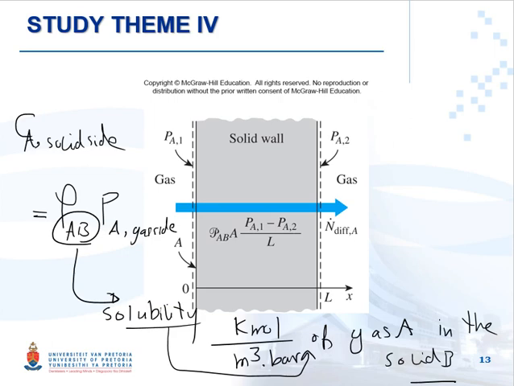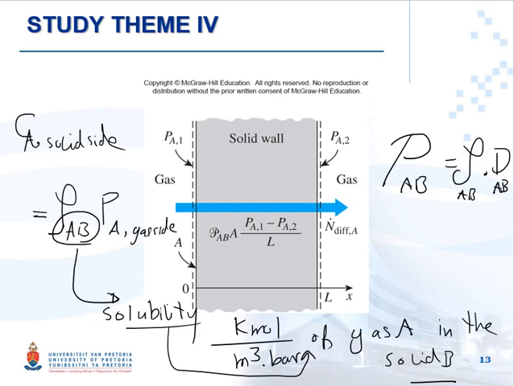I also mentioned that the product of solubility and diffusion coefficient is called permeability. So if we show it like this, we multiply by D_AB.